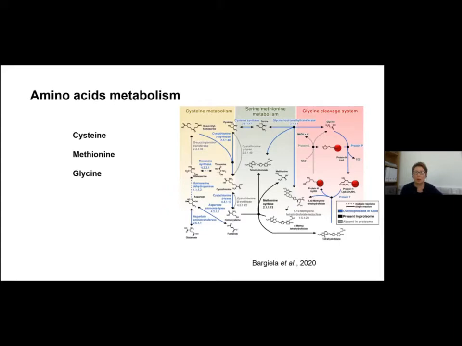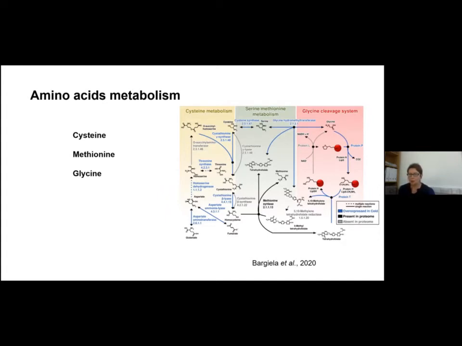Furthermore, we have observed a certain increase in proteins involved in cysteine, methionine, and glycine metabolism. And actually, our suggestion is that cysteine could be crucial for disulfide bond formation and for generation of pyruvate.